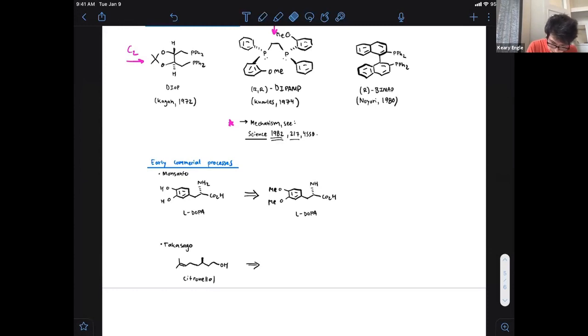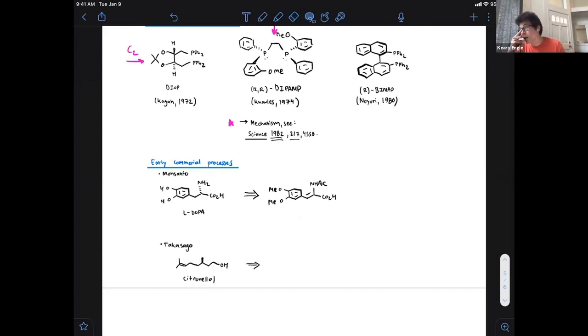It's fair to say that this is the reaction that got Knowles the Nobel Prize. This was used in their commercial synthesis of L-DOPA.